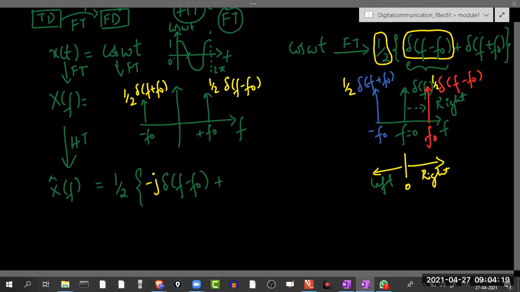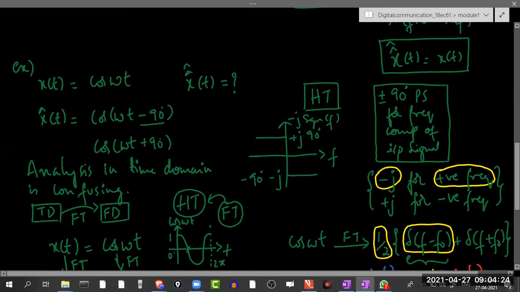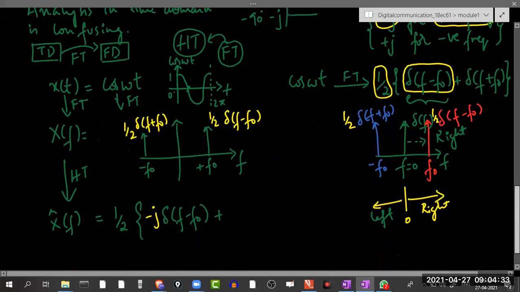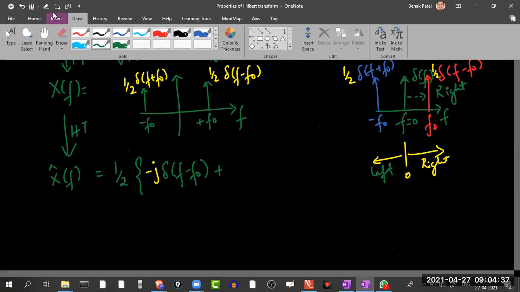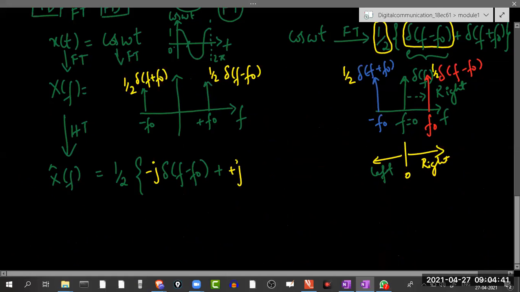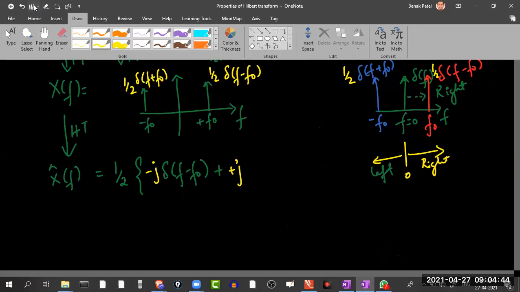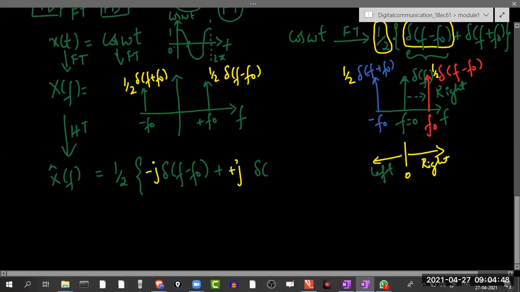So here, according to the Hilbert transform definition, negative frequencies should be multiplied by positive j. So here it's positive j delta f plus f naught.